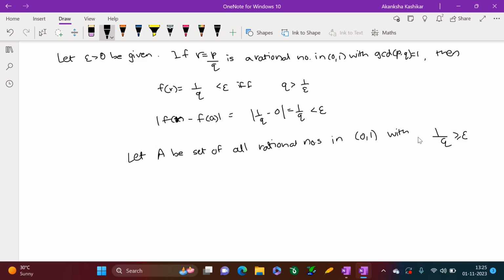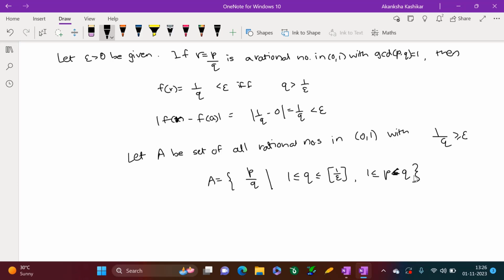Let me write A as the collection of all p by q such that 1 is less than or equal to q is less than or equal to the integer part of 1 by epsilon, correct? 1 by q greater than epsilon means q is less than 1 by epsilon, and q is a natural number, so this happens. And we know that p by q has to be between 0 and 1. So 1 is less than or equal to p is less than or equal to q. In fact, p is strictly less than q.